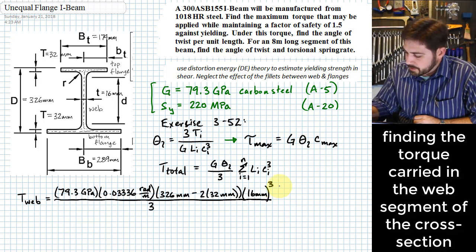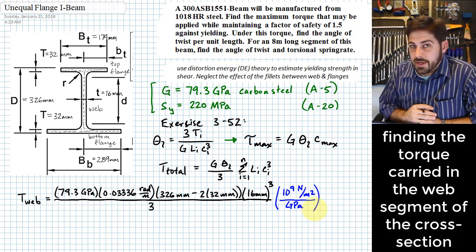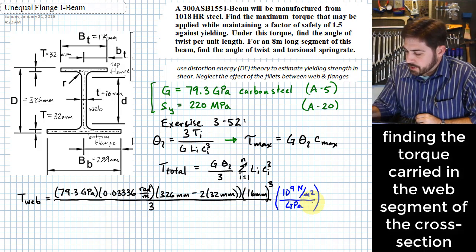So what I'm going to do is first of all look at the gigapascals and convert that into values that are relative to newtons and meters. Giga is 10 to the 9th. A Pascal is a Newton per square meter. So if I take 10 to the 9th Newton per square meter and divide by gigapascals, that gives me my conversion that I can use there.